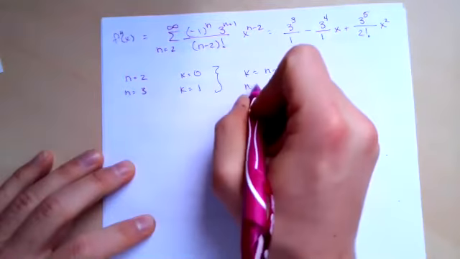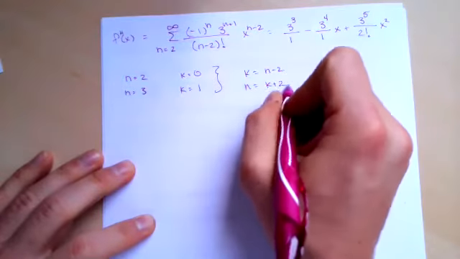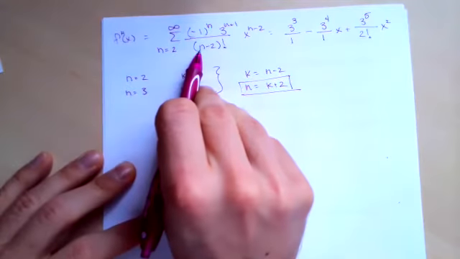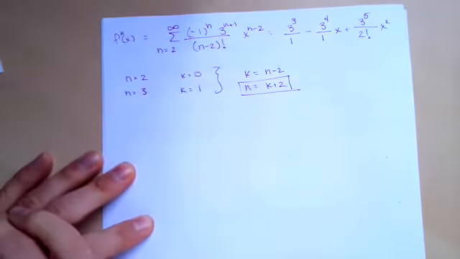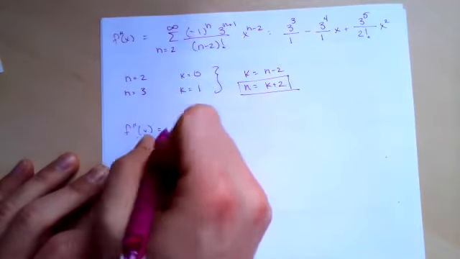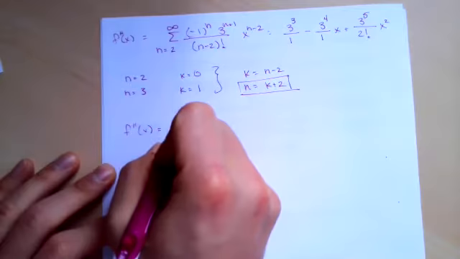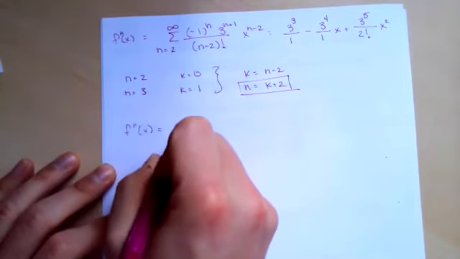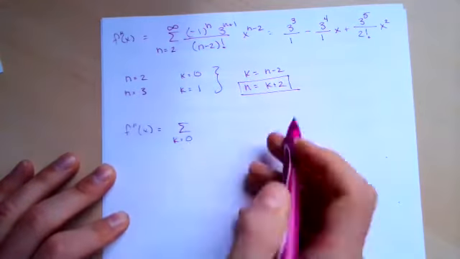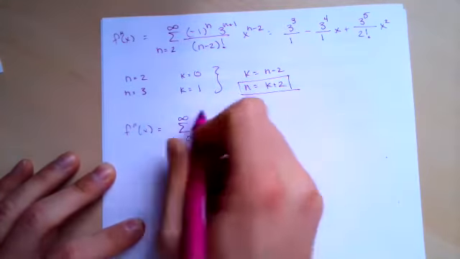And likewise, n is k plus 2. And all you've got to do is substitute k plus 2 for all of your n's in this expression. And of course, when I subtract that 2, k will start at 0.